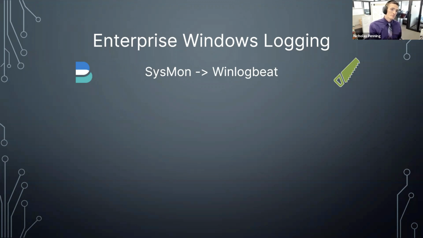We're running Sysmon on these devices, and we're going to use a tool called Winlogbeat, provided by Elastic, that takes those event logs from the Windows event log channel for Sysmon and sends them to Elastic to be indexed and searched.